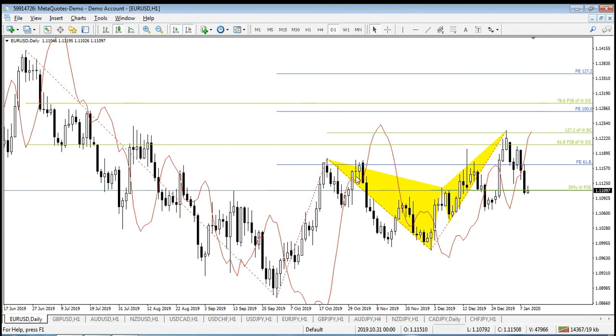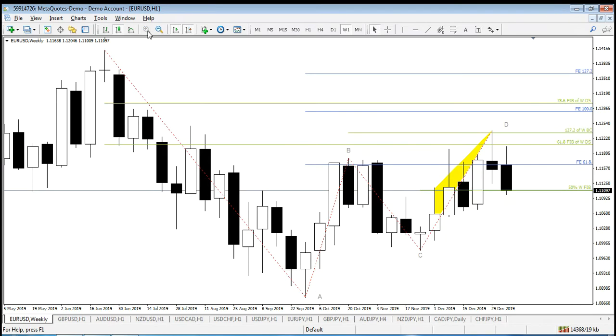And this BC leg, if we go to the weekly time frame, this looks like, just 1 second. All right. So this is the weekly time frame, and this ABCD, just like I told you now, is not necessarily to be completed at AB equals CD.